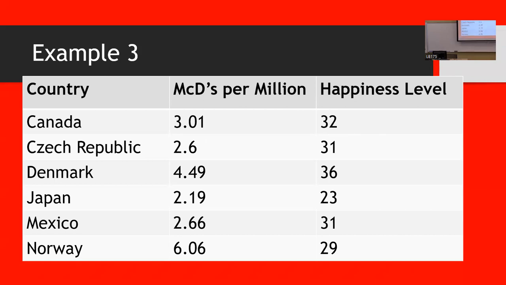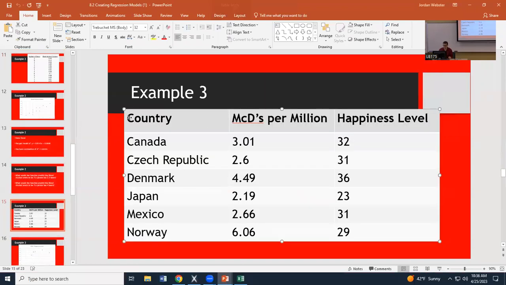The 2 pieces of data are the number of McDonald's restaurants per million people in those various countries, and the other is the happiness level as reported by surveys of people in those countries. All right. So let's try to create a model with these data from the start. You okay with that?